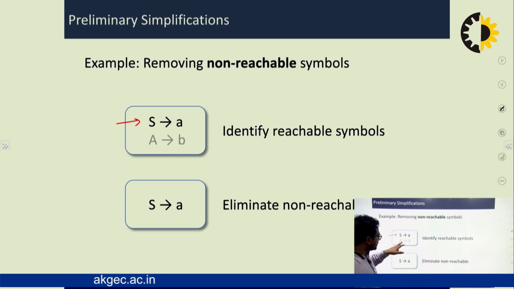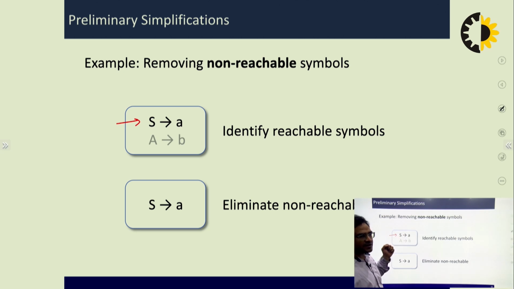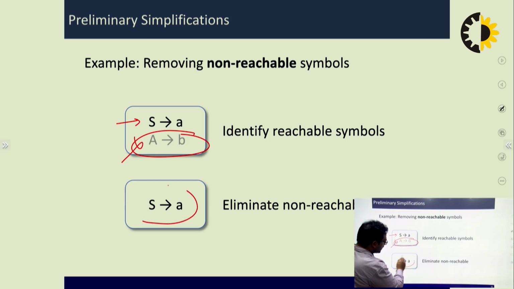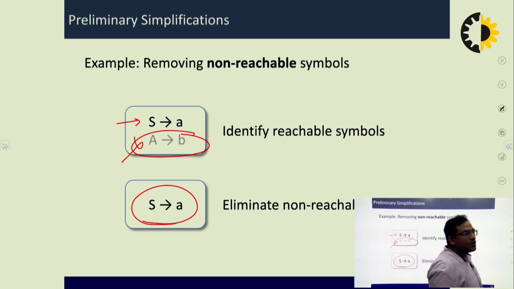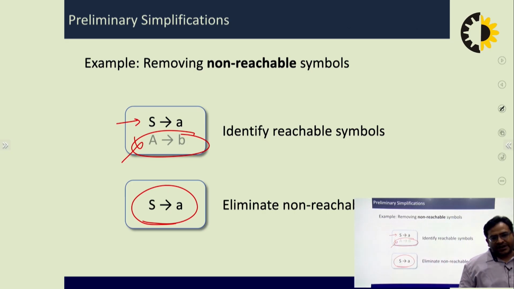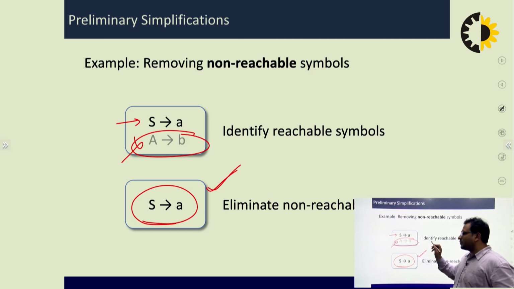You cannot, because there is no production between S and A. So you have to remove this production because it is non-reachable. Finally, you have only this one production, S tends to A. After removing the non-generating and the non-reachable symbols, you get just this one production.